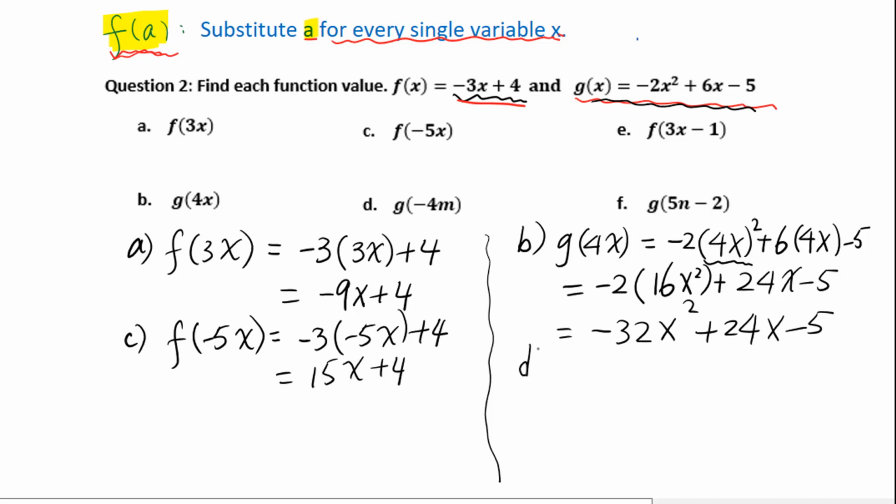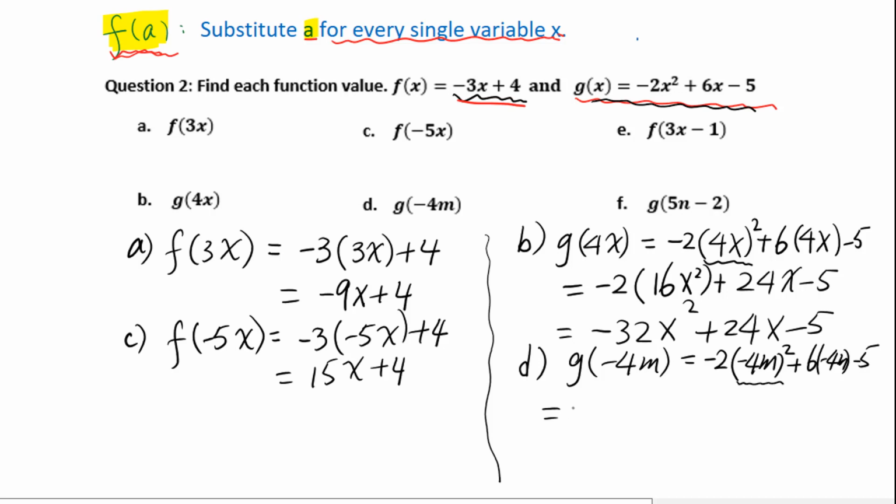Let's go to D, g of negative 4m, which means every single x will be changed into negative 4m. So we have negative 2 times negative 4m squared plus 6 times negative 4m minus 5, equals negative 4m squared first.